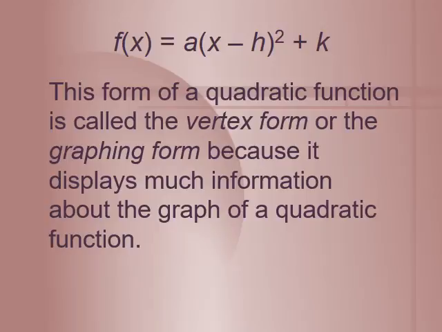This type of quadratic function is sometimes called the vertex form or the graphing form because it displays all of this information. And it displays it exactly in the order you need it in.